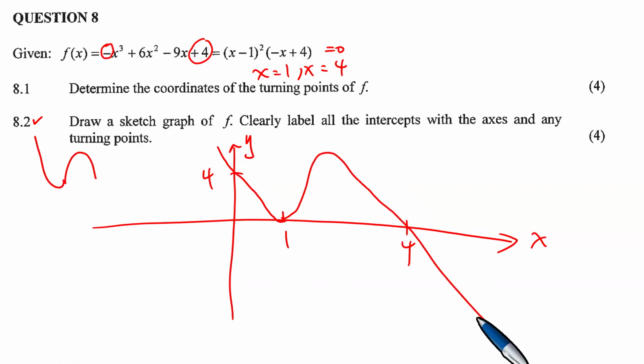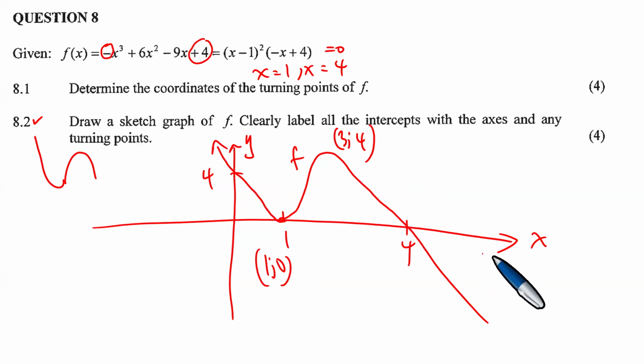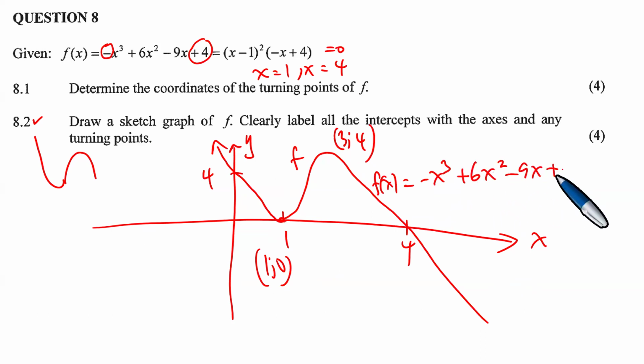Take note that this is the function f, and it has a turning point at (3, 4), but there's another turning point we saw at exactly (1, 0). This is the graph of the function whose equation is f of x equals minus x cubed plus 6x squared minus 9x plus 4.